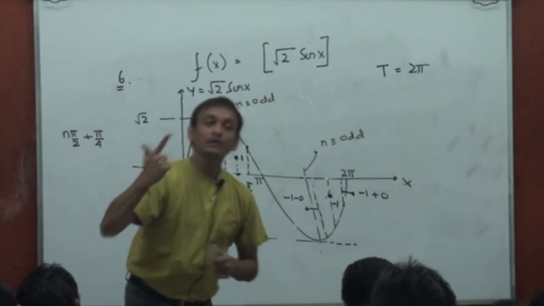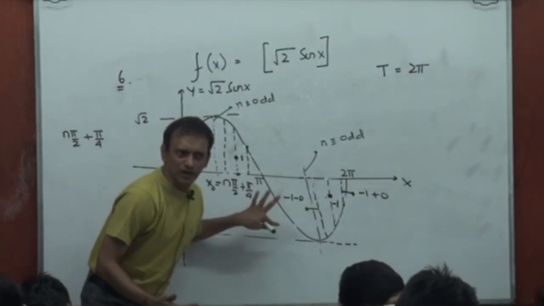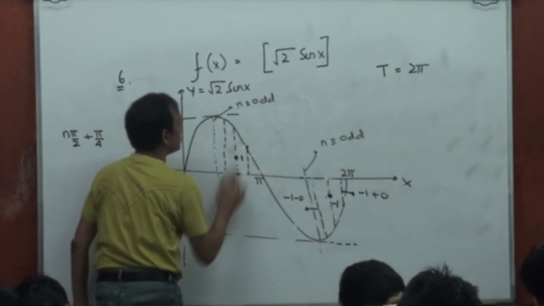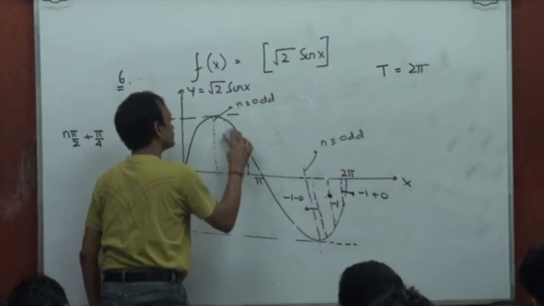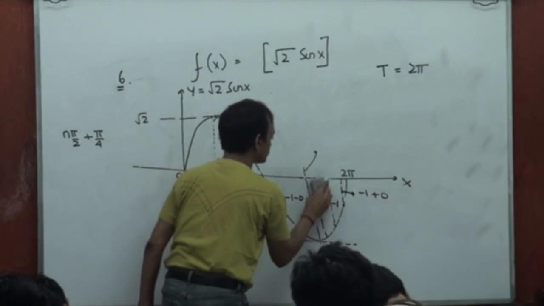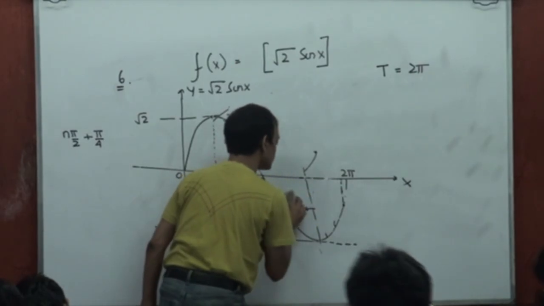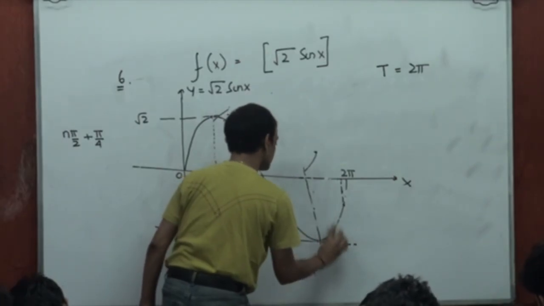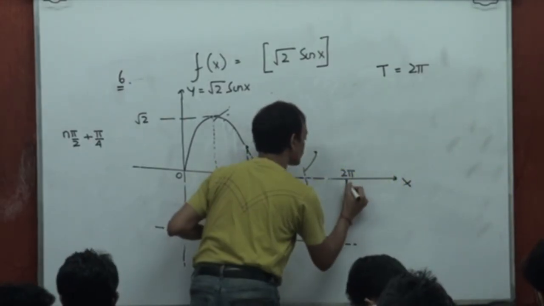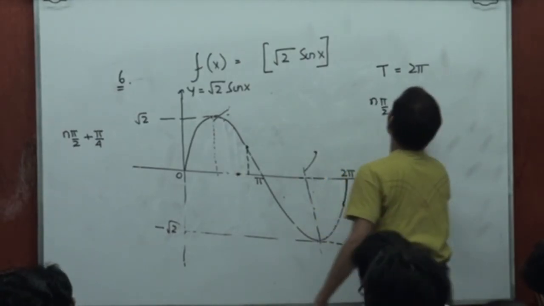Clear? Now when n is even, what happens? Makes sense to all of you, right? N pi by 2 plus pi by 4 when n is even.